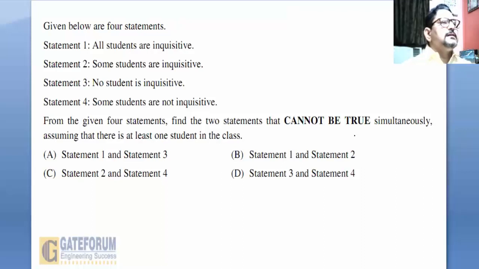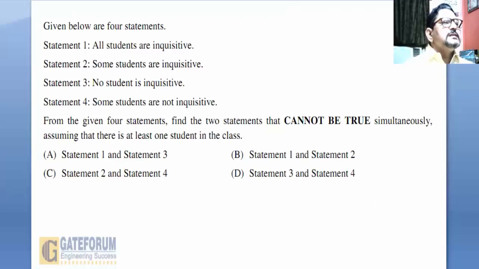This is a logical reasoning question. Given below are 4 statements. Statement 1. All students are inquisitive. I hope you understand inquisitiveness. Inquisitive means they have an interest, they want to know everything, a curious type, which is a good quality. All students are inquisitive.